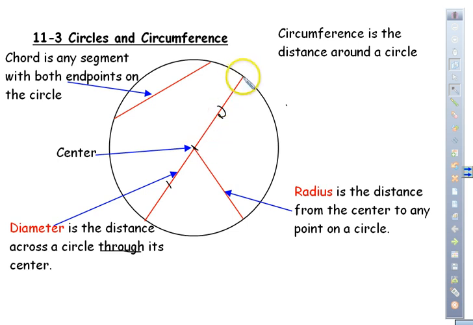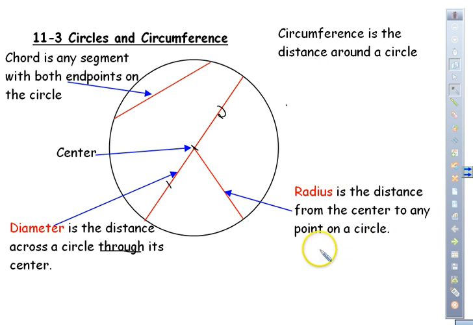So if you are given the diameter and you need the radius, you would divide it by 2. If the radius is the only thing given and you need the diameter, you would multiply it by 2. You would double it.